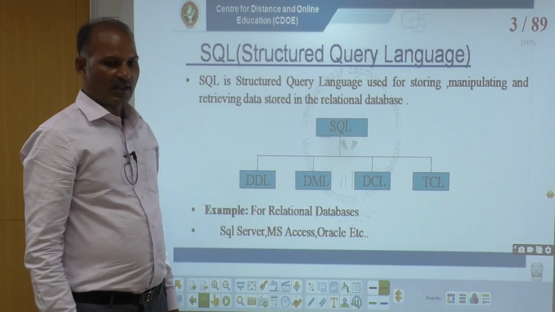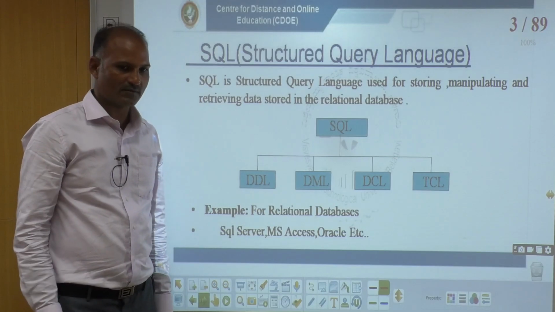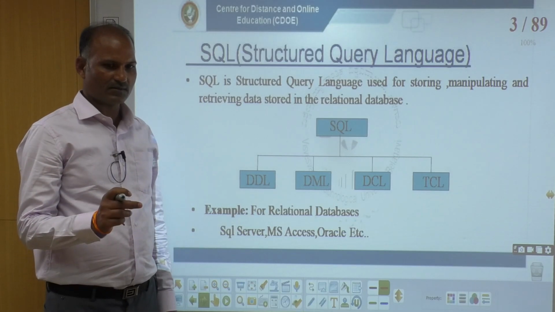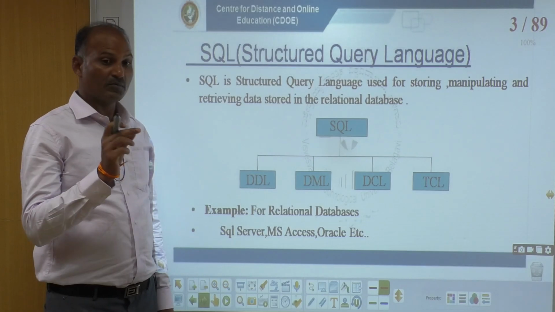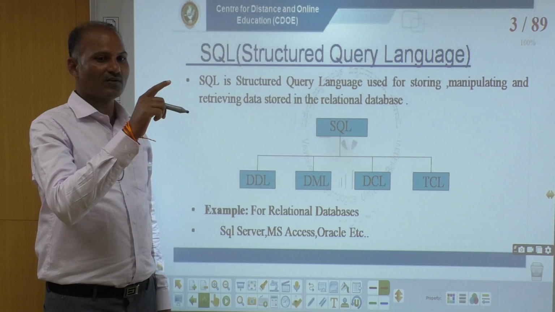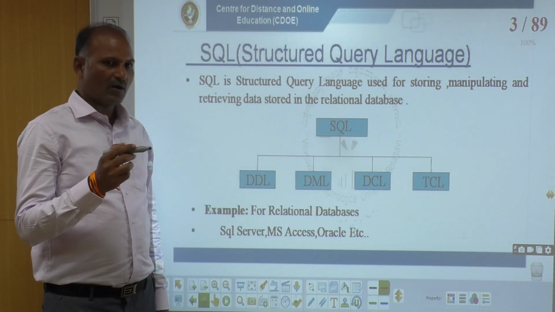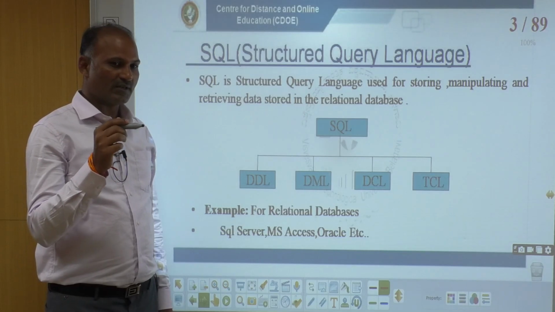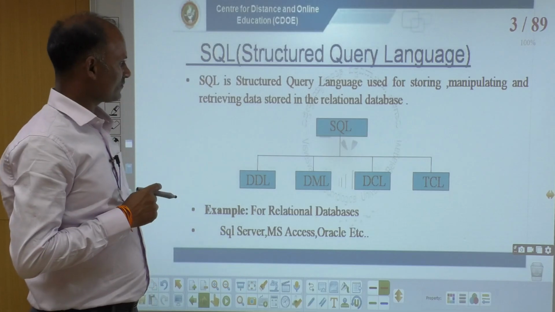As I discussed, what is a database? A database is nothing but a collection of data. Not only data, it is a collection of related data. It means that whatever data you store in a database must be related in one way or another.